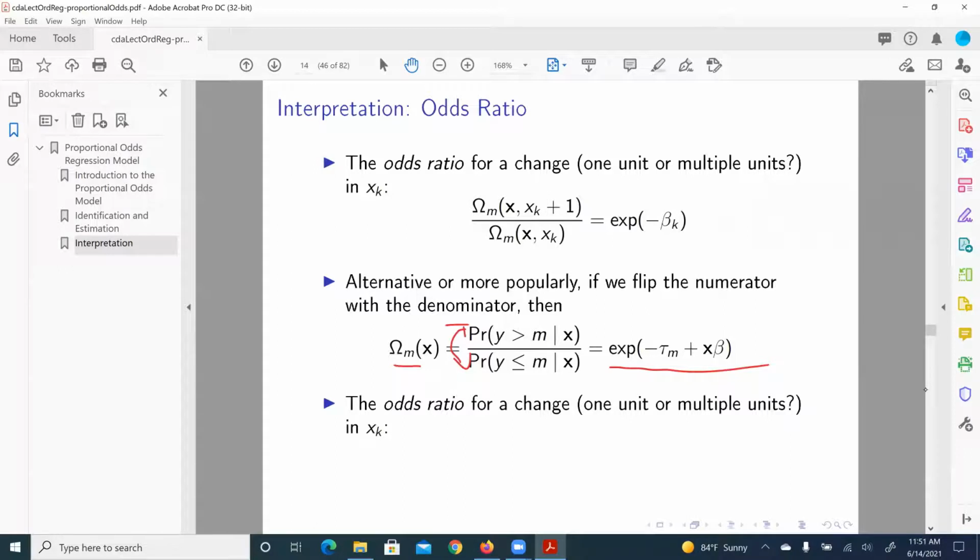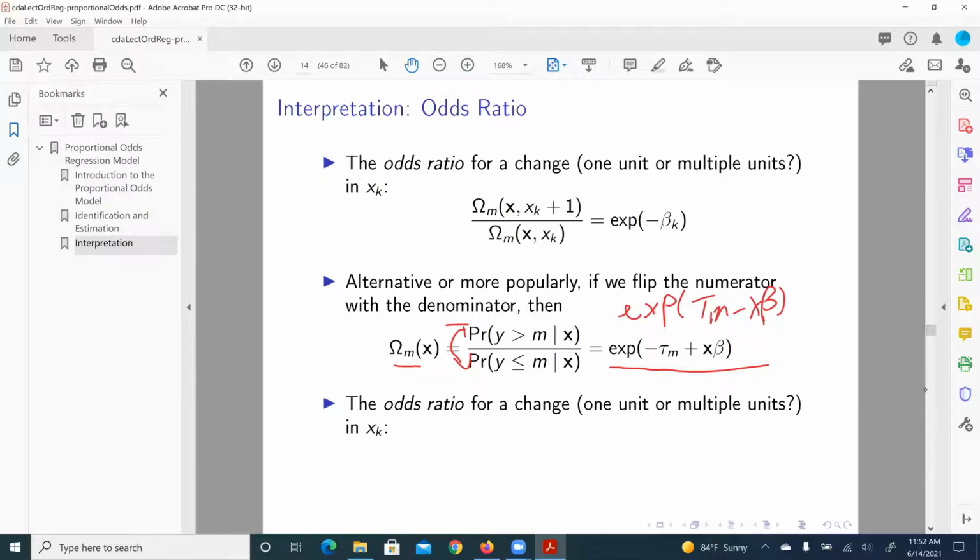Recall that for the previous odds, the probability y smaller or equal to m over the probability y greater than m is the natural exponential of what? Of tau m minus x beta, right?